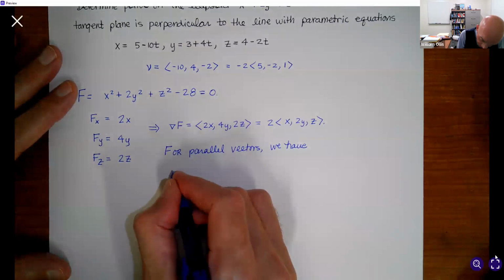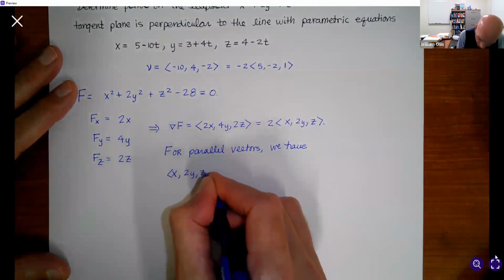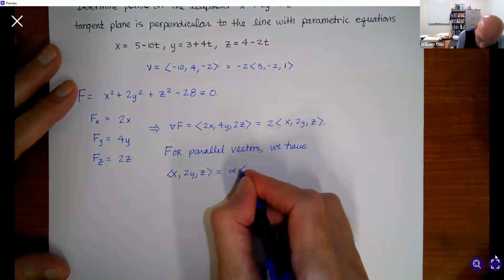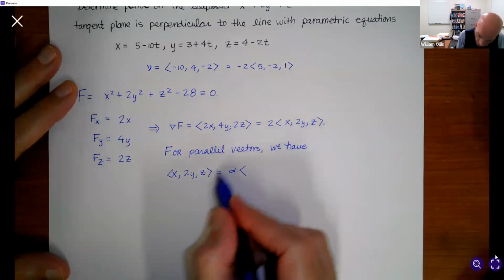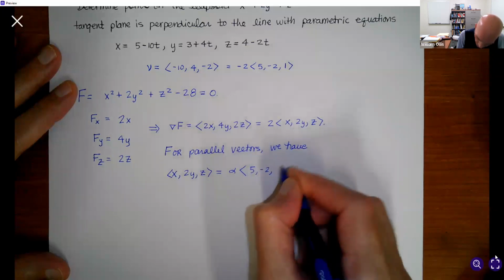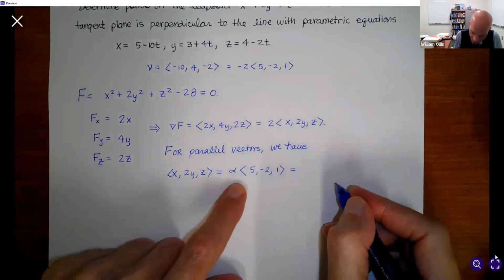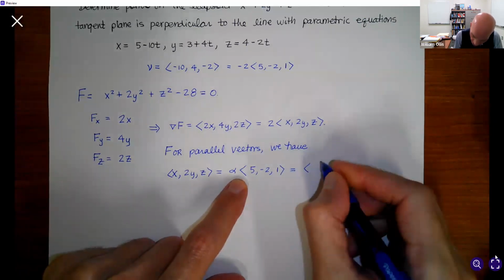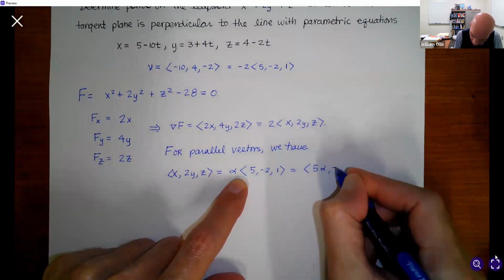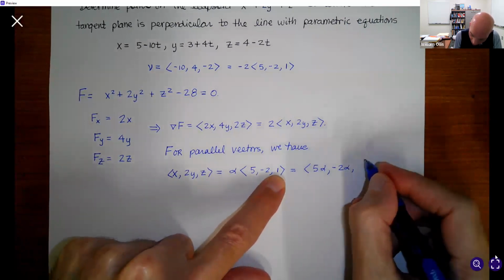We have x, 2y, z equals, for some constant alpha, 5, -2, 1. Now we can do some equating. We have 5 alpha, -2 alpha, and alpha.